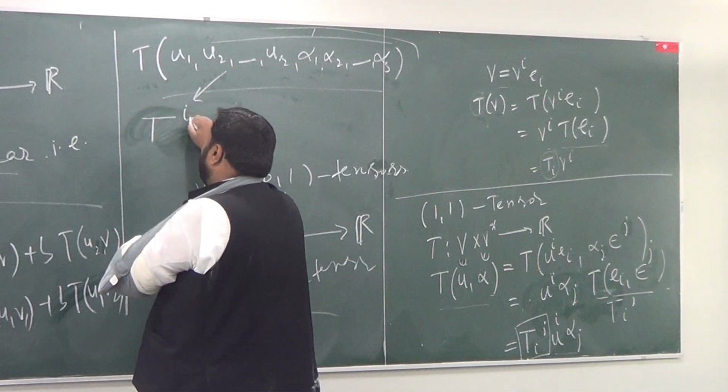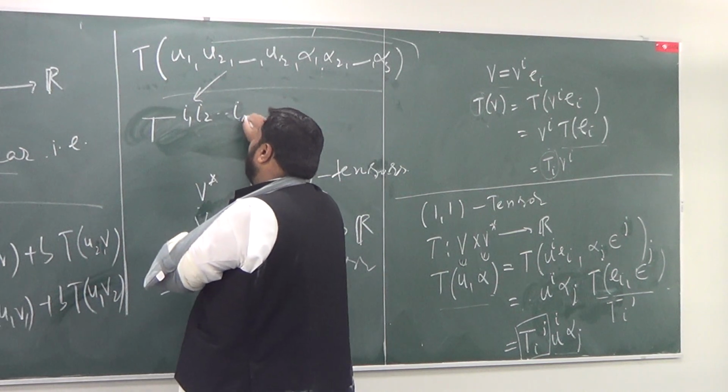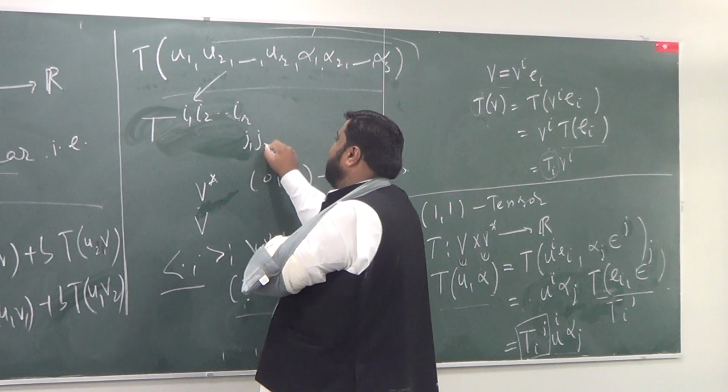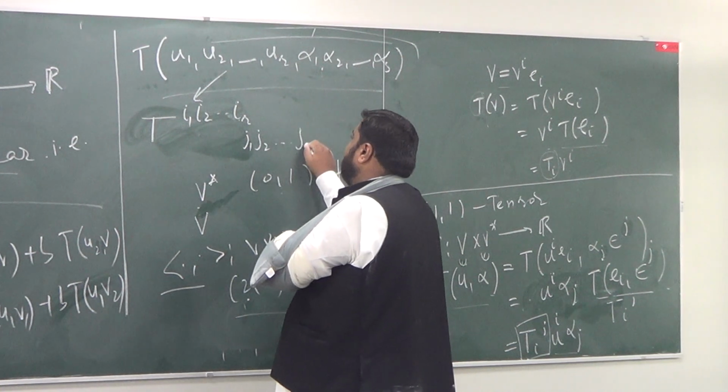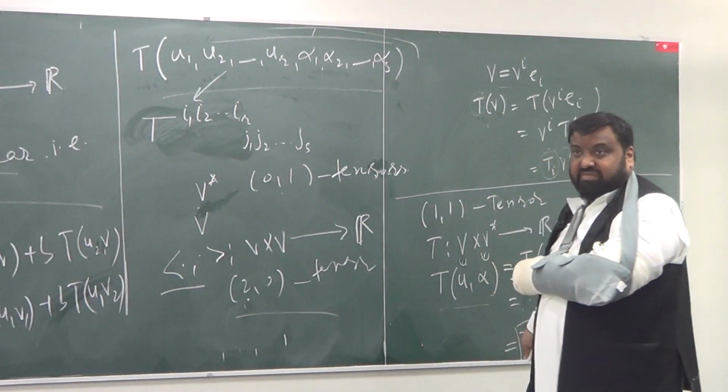So let's give them a name: I1, I2, and IR, and then, for example, J1, J2, and JS. And there will be things multiplied with it, like this.